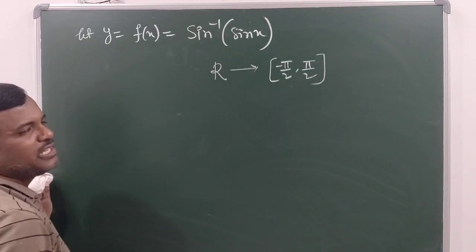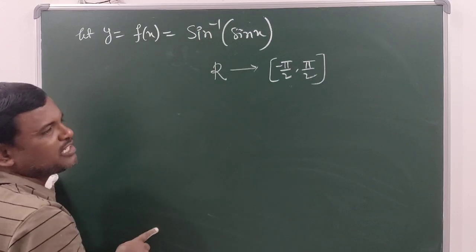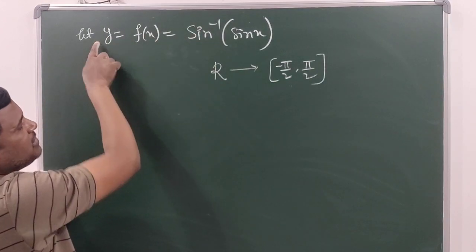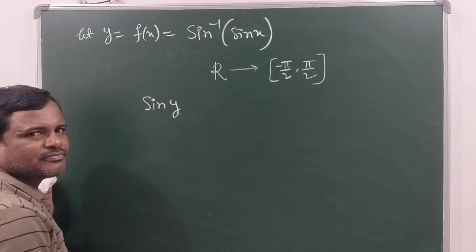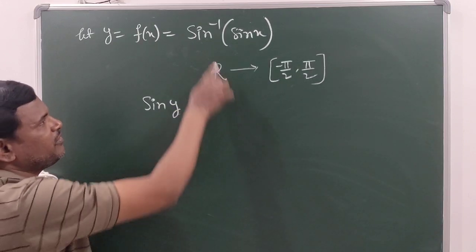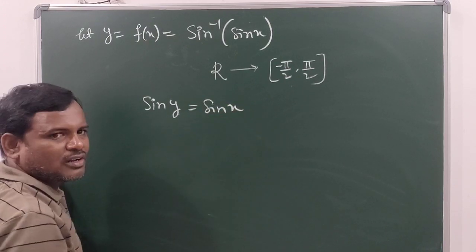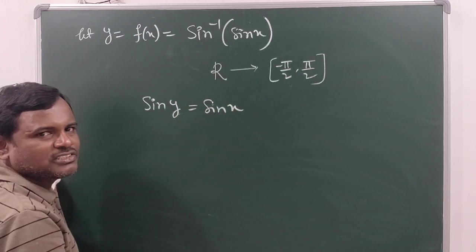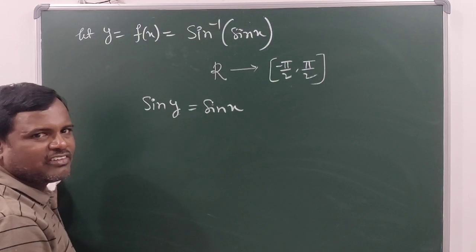So, observe me. What kind of solutions do you get? Observe for this function. When you take sine inverse on the left side, it is going to be sine y, which is equal to sine x. Now write the general solution for this. You come across that in trigonometric equations.